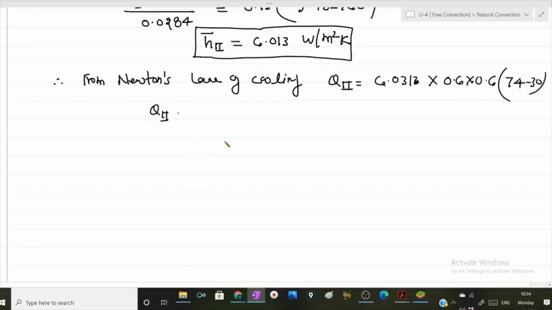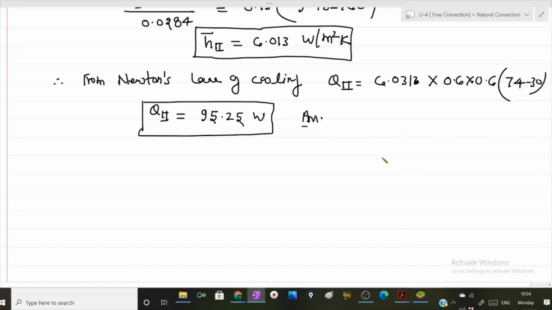So the heat transfer rate in the second case comes out 95.25 watt. This is the answer number 2. Got it?